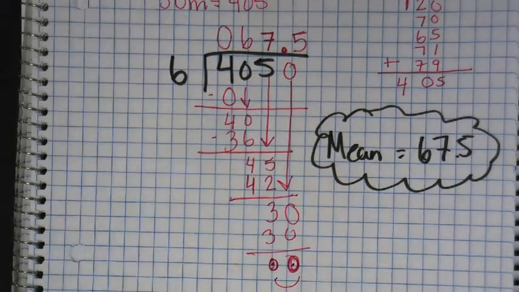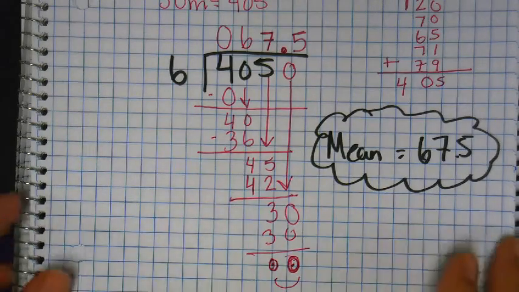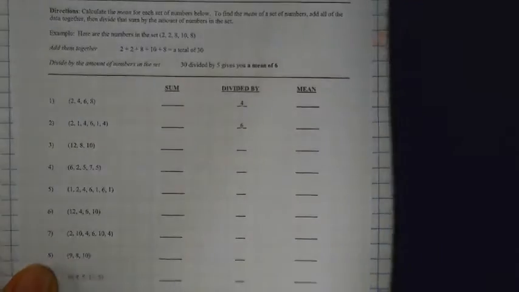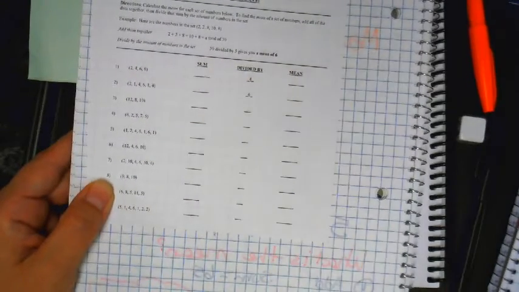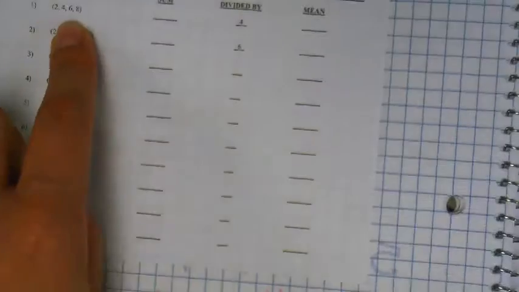Can we give her one, please? Thank you, Emily. Alright, here we go. Here's what we're going to do. We're going to glue this in later. So if I glue it in, I have room to show my work. Some of you can probably add some of this in your head and divide in your head. So for the first one, here are my numbers. You can show your work in your notebook.